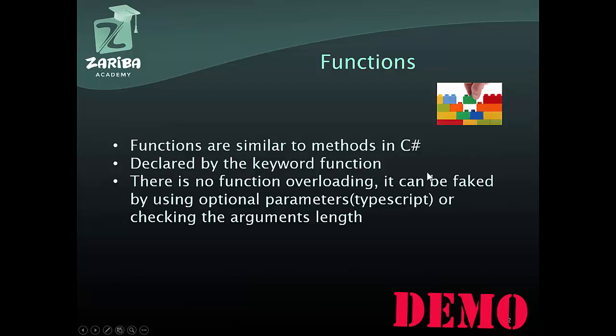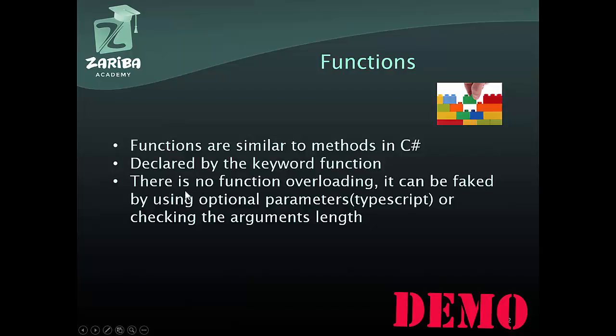Functions in JavaScript are used for many things, including constructors, making objects, callbacks, and stuff like that. So it's this function keyword you'll be seeing a lot if you type regular JavaScript, but it can be used the same way as in C#.